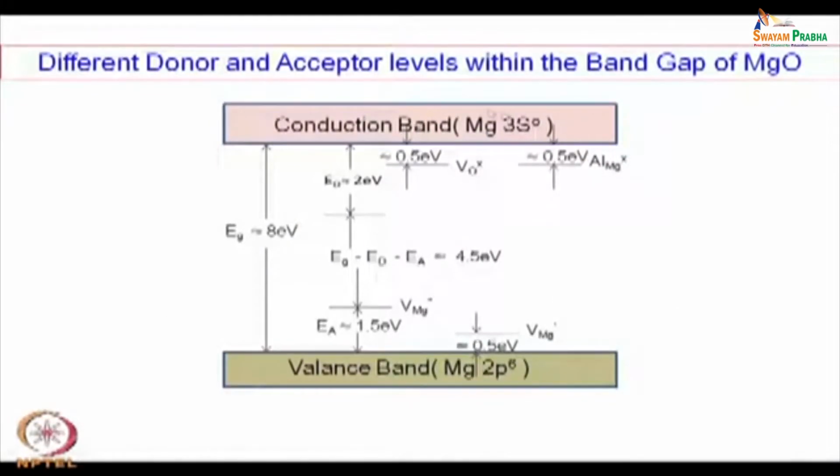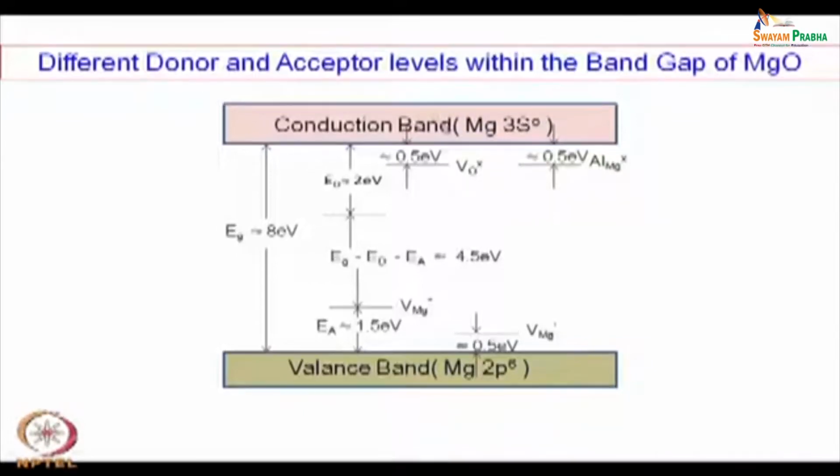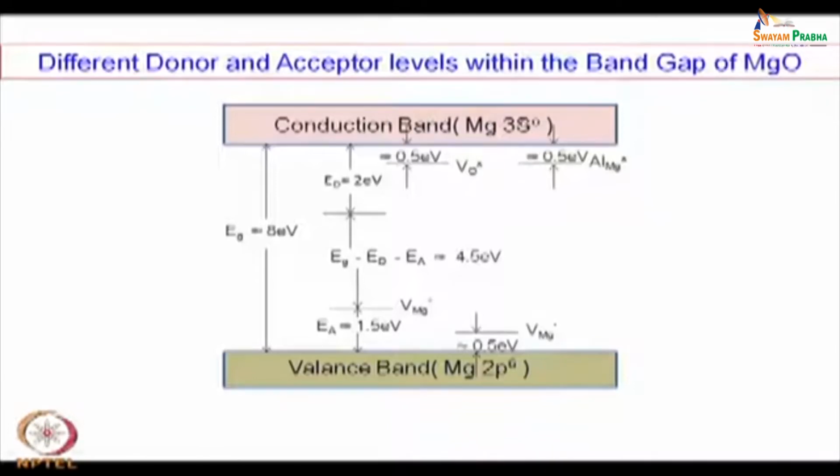This is a very specific example of MgO, and this is the valency band of MgO, and this is the conduction band of MgO, and this is the 3s0. That means the electron is not there, but once we add electrons, it becomes 3s2.